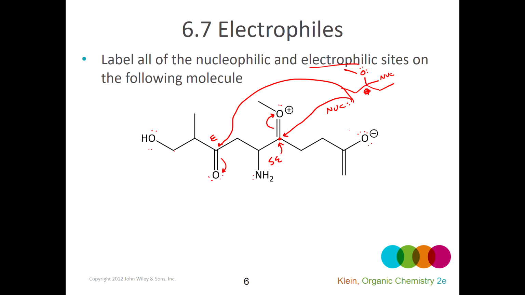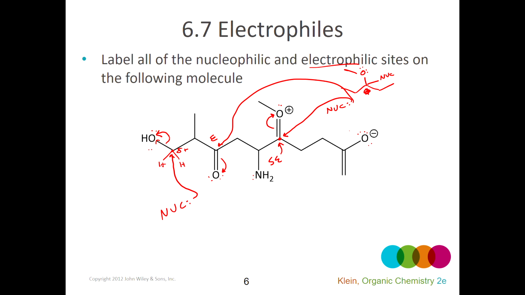You might consider this carbon here to be slightly electrophilic because the oxygen is pulling electrons away due to being more electronegative than the carbon. That does create a little bit of a partial positive here. But to be electrophilic, the nucleophile has to be able to attack and form a new bond. And the only way that can happen if there are already 4 bonds on a carbon is if one atom leaves with the electrons.